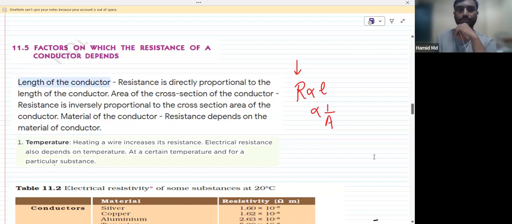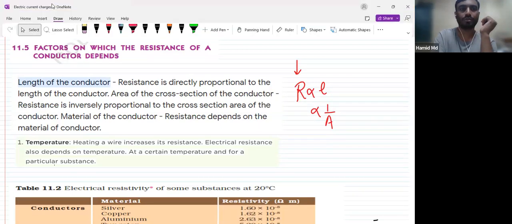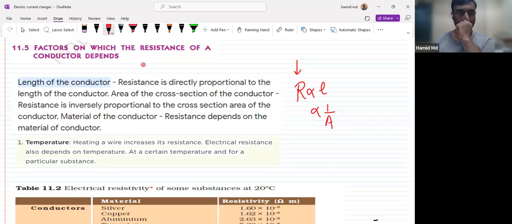I want to know what is resistance. I think I made a statement. We defined what is resistance in our earlier class.